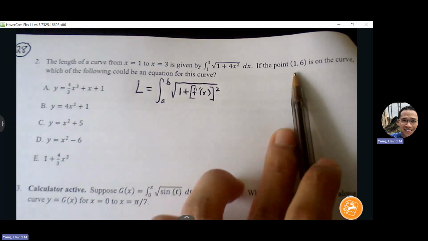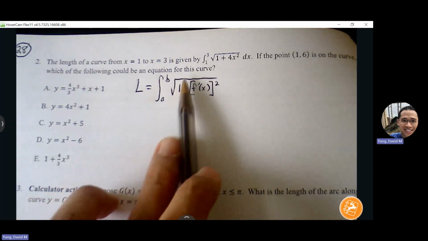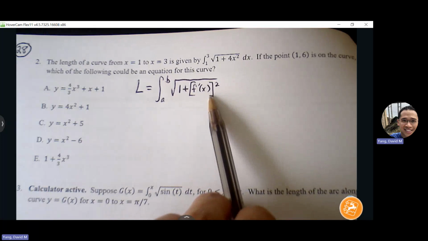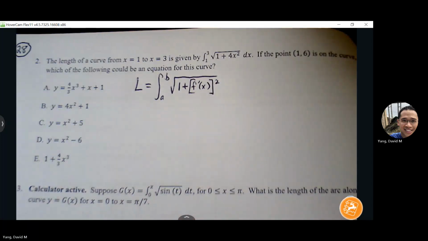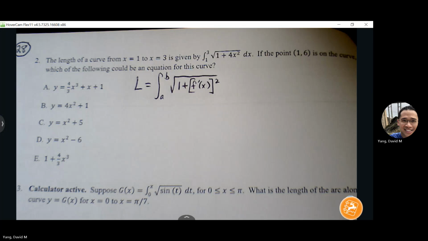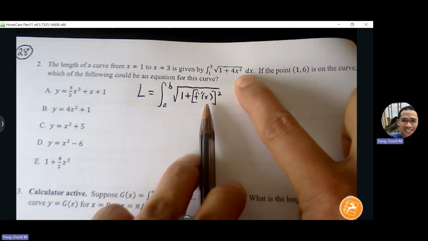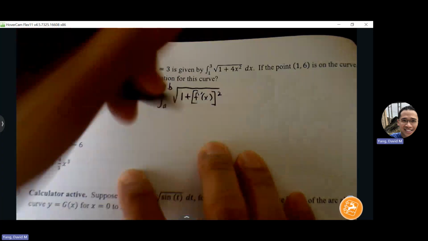If the point (1, 6) is on the curve, which of the following could be the equation for this curve? So basically, we just have to work backwards to find f of x. So we know that f prime of x squared is represented by 4x squared.